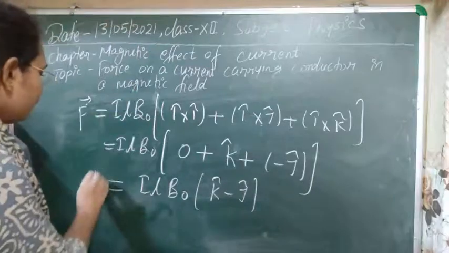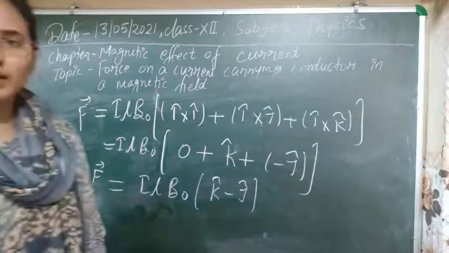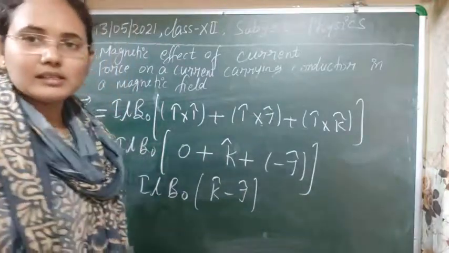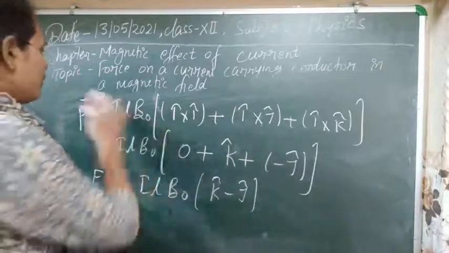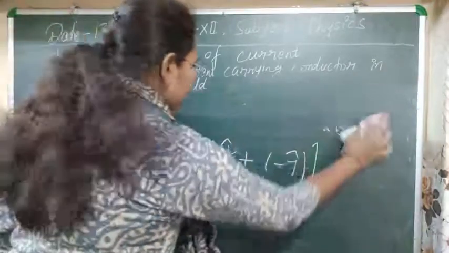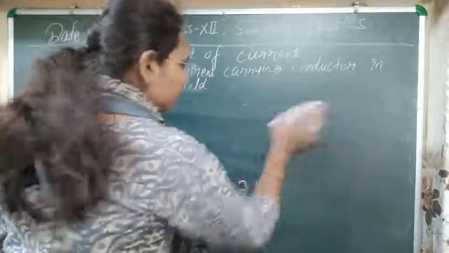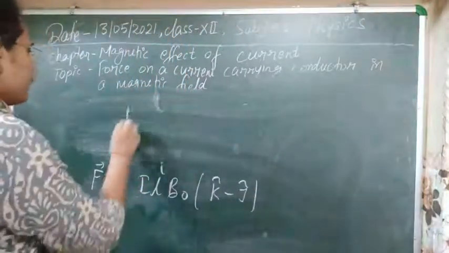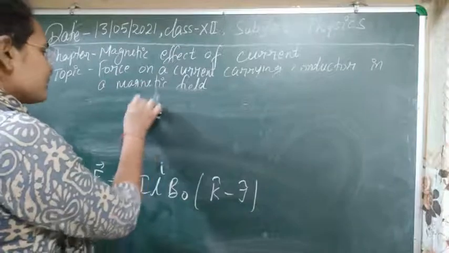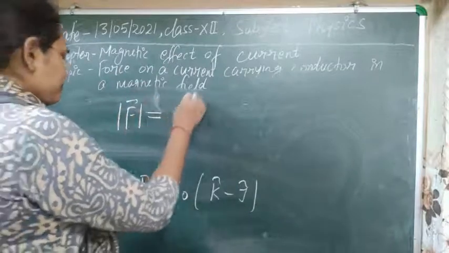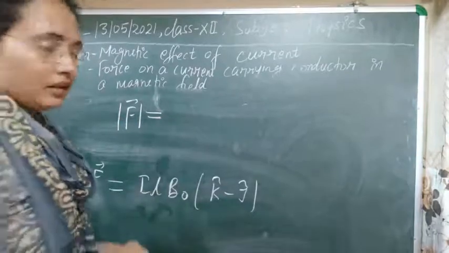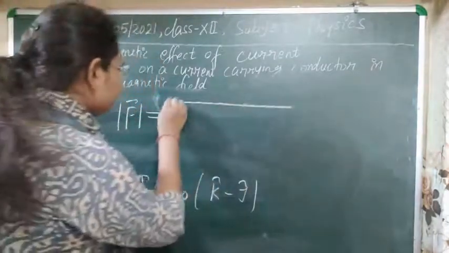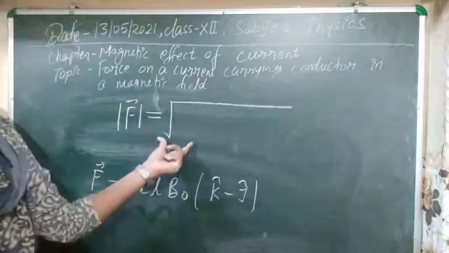So this is the value of force that we have got here, but in our question it is given to find out the magnitude of that force. So to find out the magnitude, let's calculate what will be the magnitude of force. And you know that magnitude of force is calculated by their components.